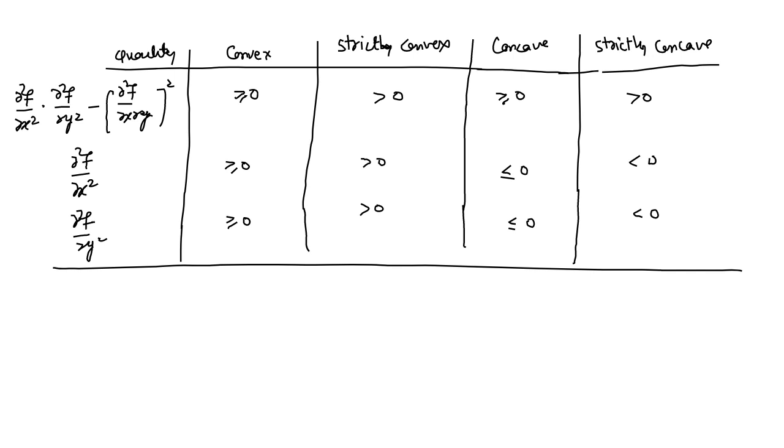So we check rt minus s square, and r and t: if all are greater than or equal to 0, we say convex, and for strictly convex we need all values greater than 0 only. You have to remember this, where the function is concave and convex, and strictly concave and strictly convex.